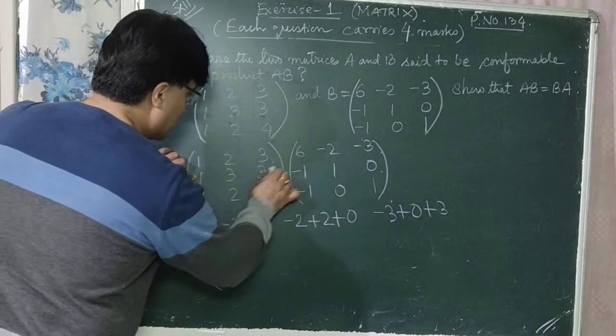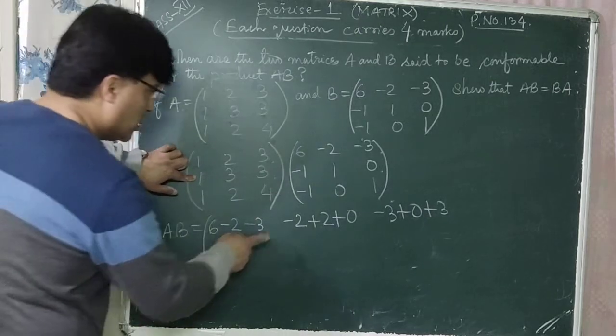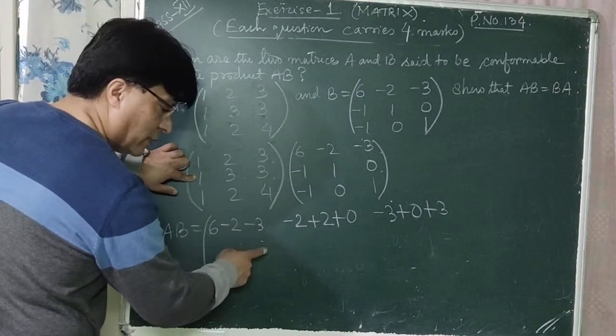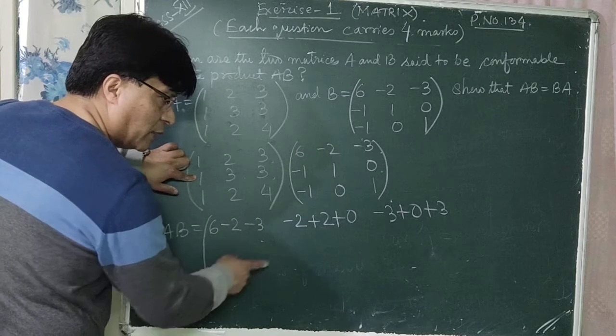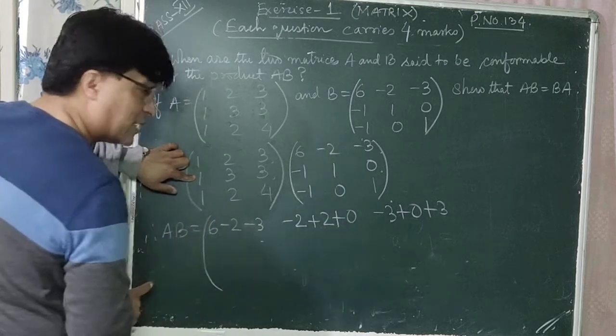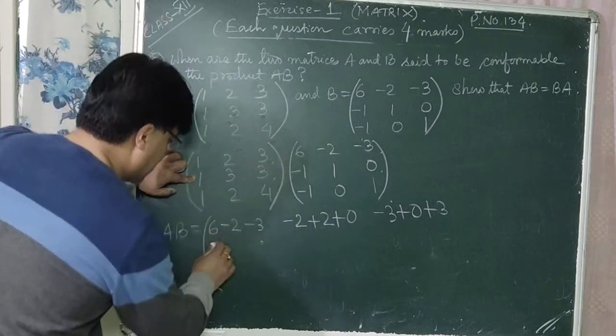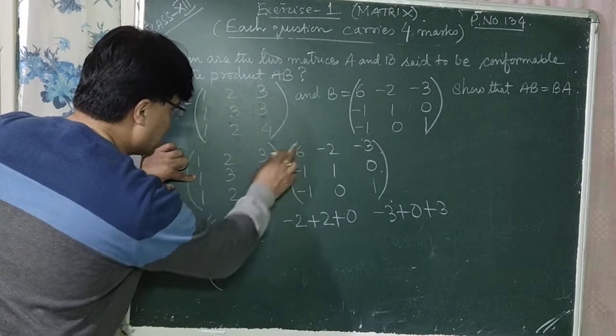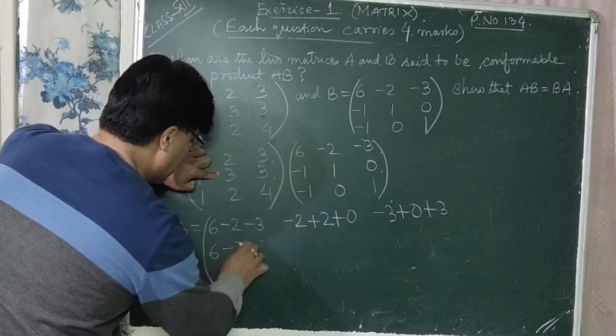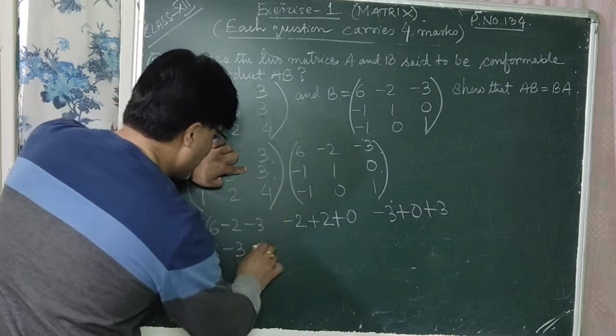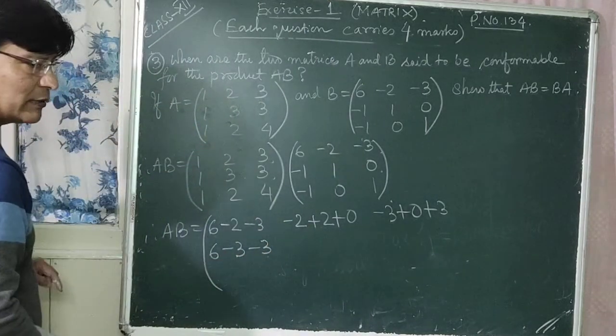So next, this second row should be multiplied by the first column now. You will write it in the first element of the second row. That is row by column. 1 sixes are 6. 3 into minus 1, minus 3. Right?